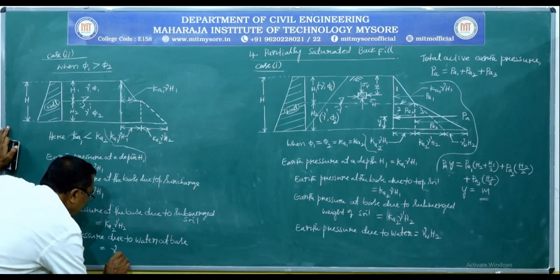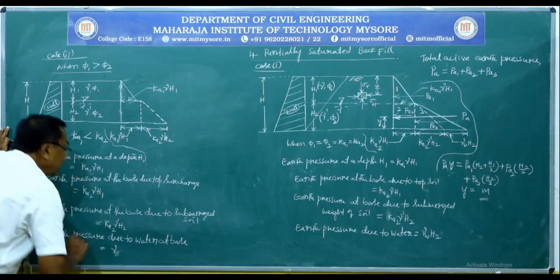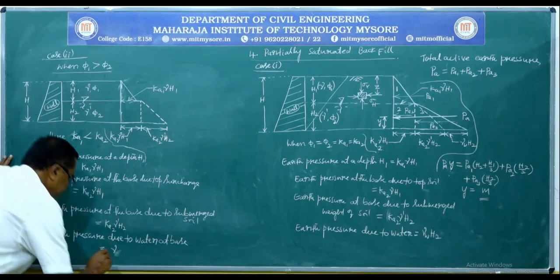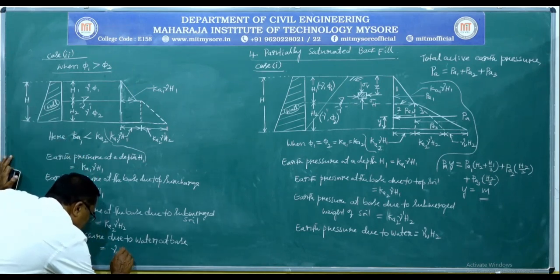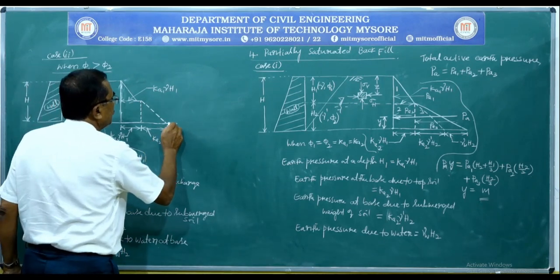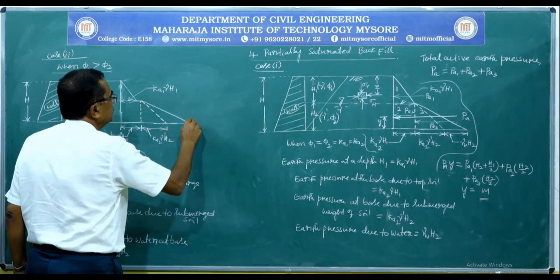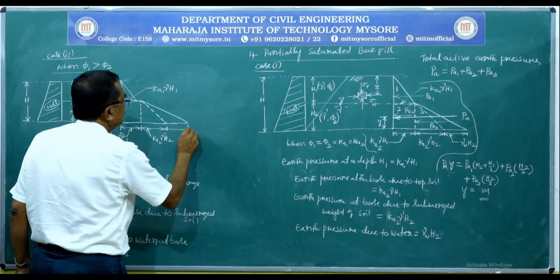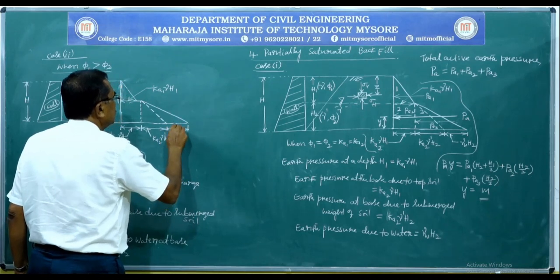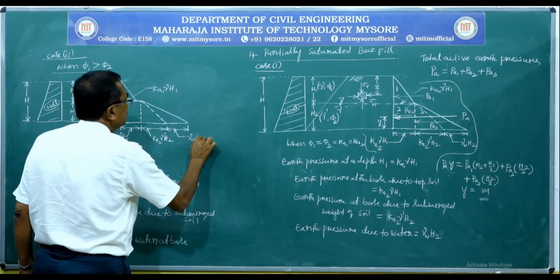Be careful that when you calculate pressure due to water, we should not multiply with the coefficient of pressure. Gamma W into H2.